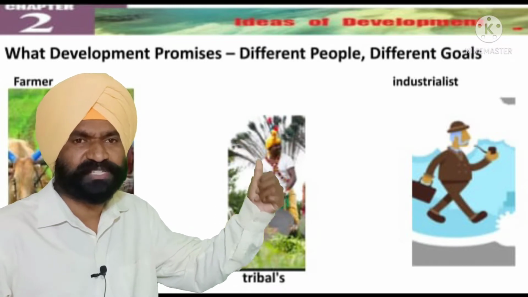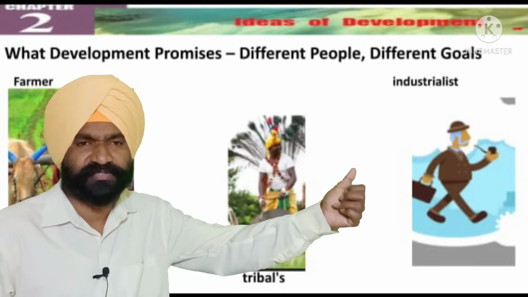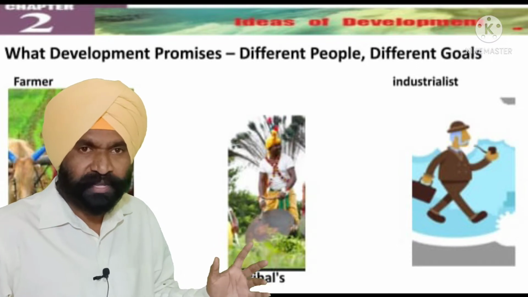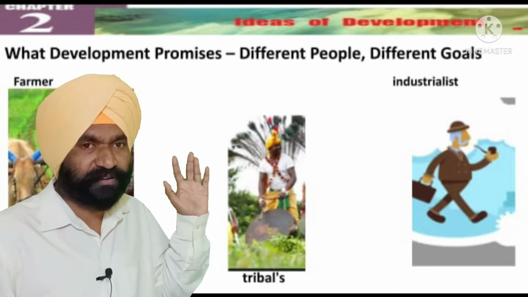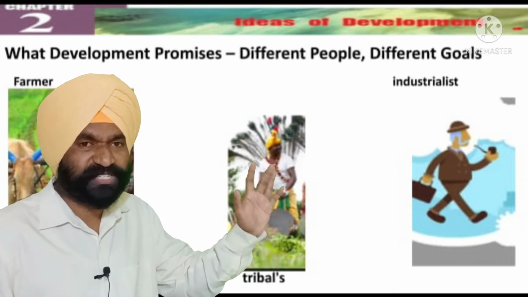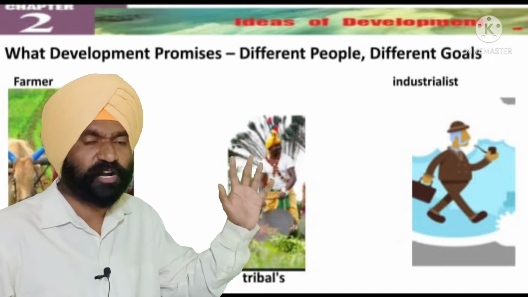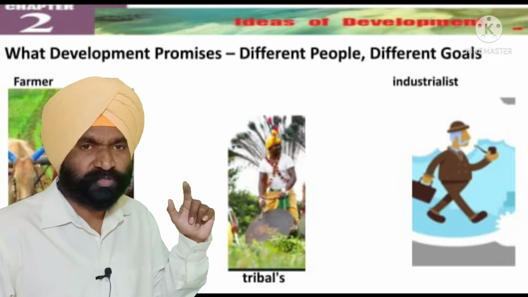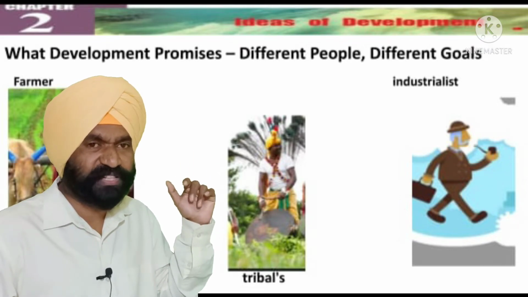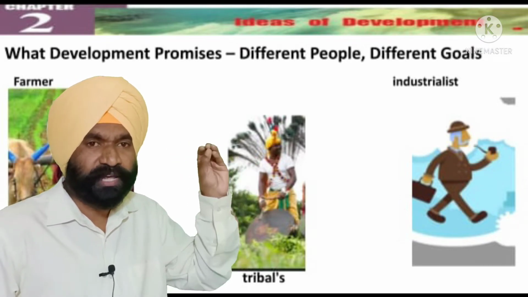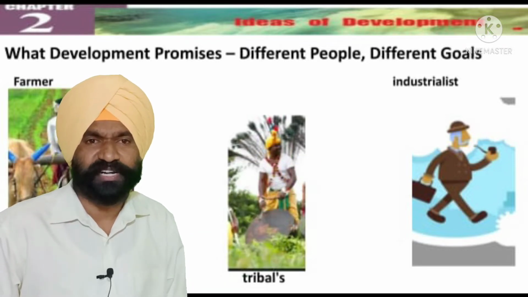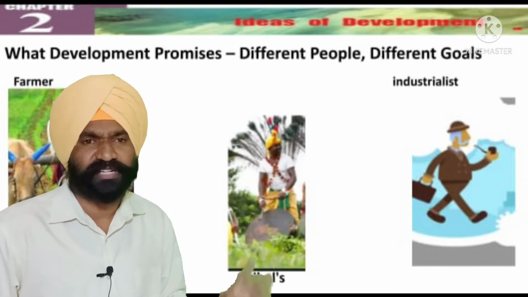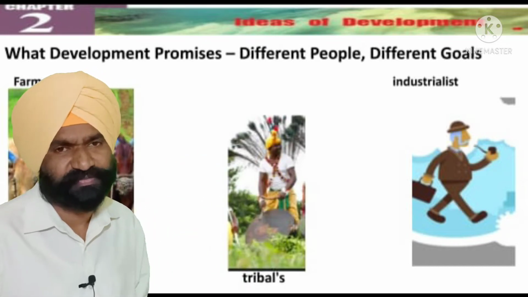Because dams will provide water for his fields. But his idea of development will be different. If the dam is constructed, his village should not be in that area where it is going to submerge. So he wants small check dams or tanks to be constructed so that he can get enough water for his fields.